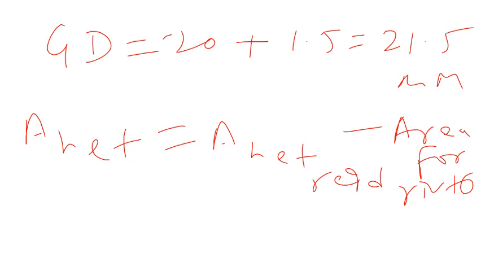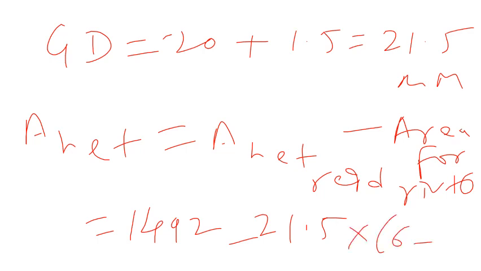So let's calculate this. A net required is 1492 minus gross diameter 21.5 into 6 plus 6. These are the two rivets, and this is as per the procedure. Again you have to refer to the procedure.